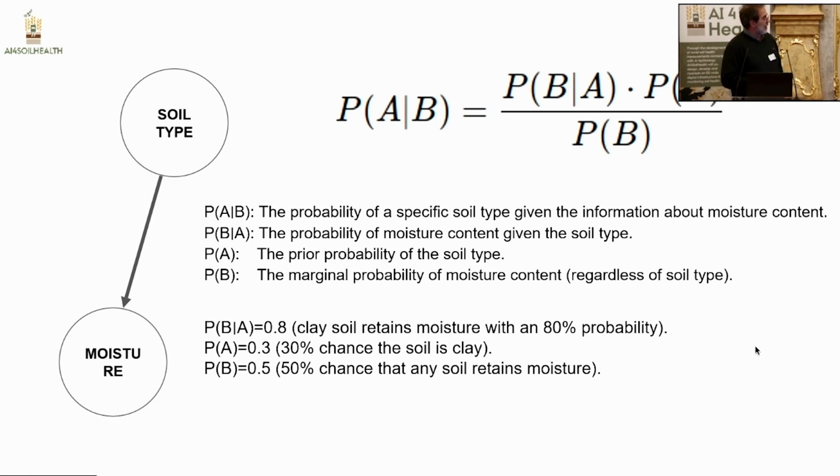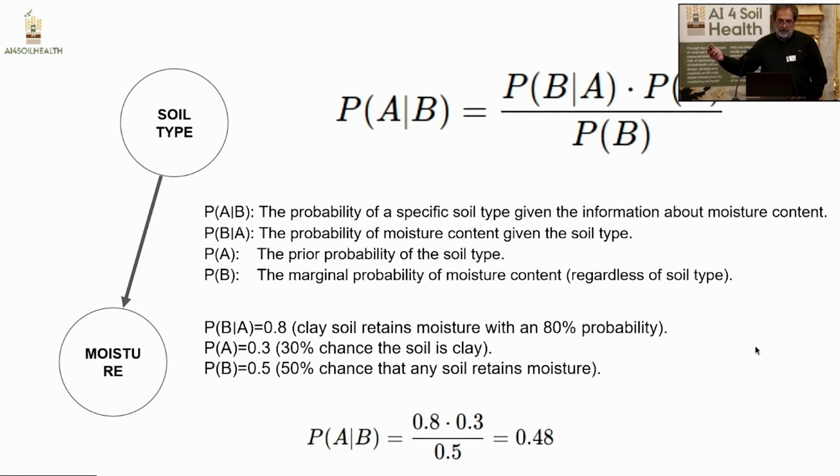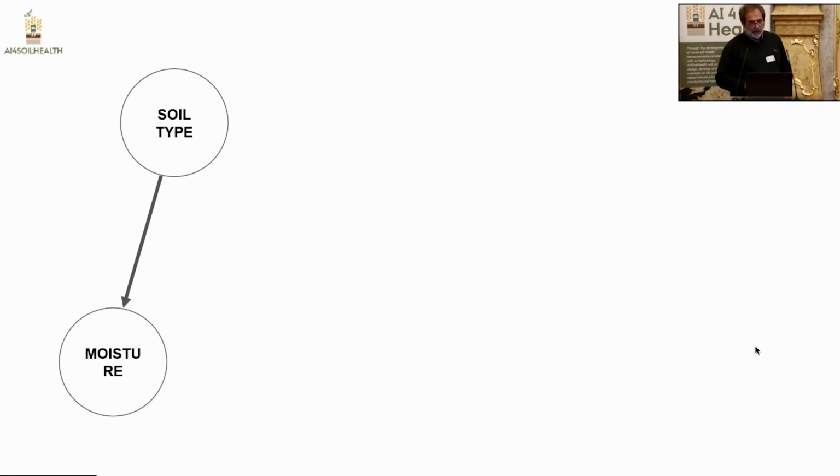We know from the sampling we have done that 30% are clay, and there is a 50% chance that any soil retains moisture. Then we can, in a very easy way, calculate the chance that this sample, which contains moisture, is clay or not.